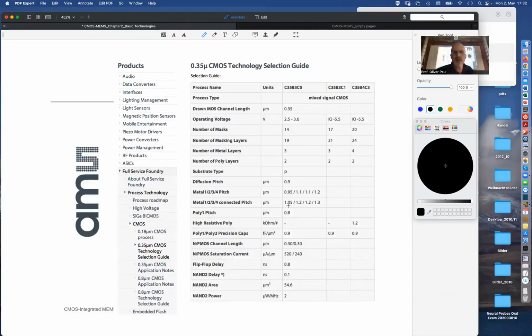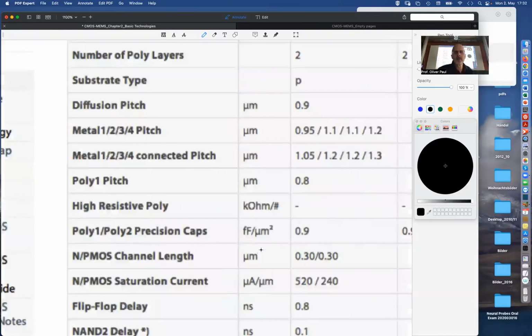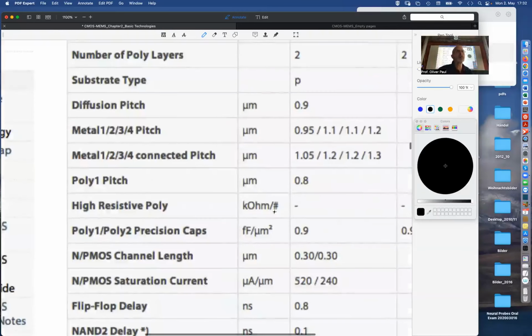Poly 1 pitch, poly 0.8, and then high resistive poly. Do they have that? Not here, but here, 1.2 kilo ohm per. Now that should be a square. They couldn't write square. Yeah, it's a number sign, Gartenzaun. But they sure mean kilo ohm per square.